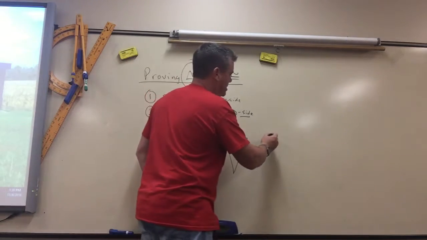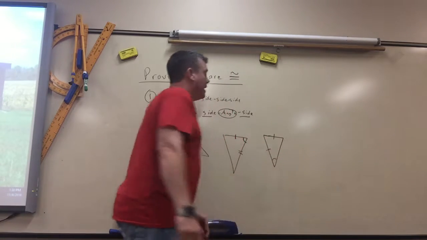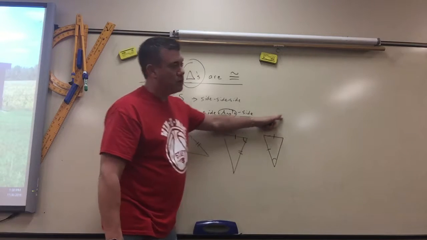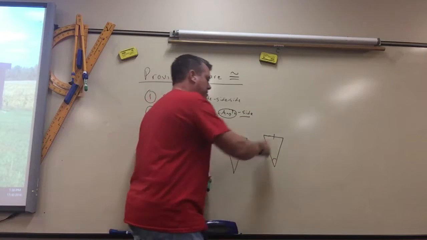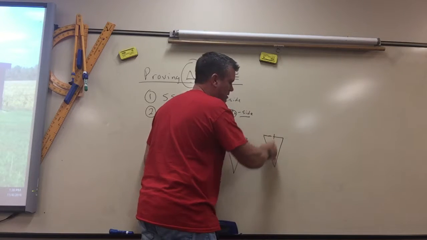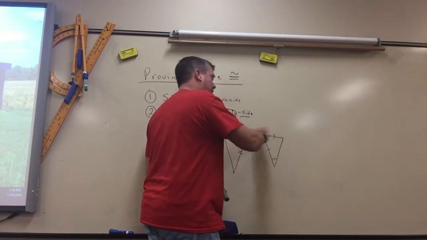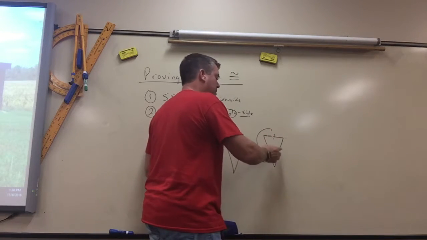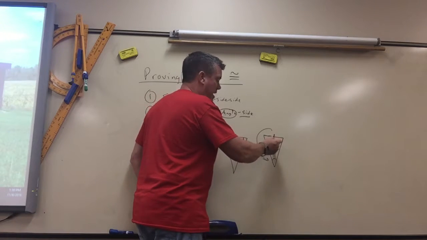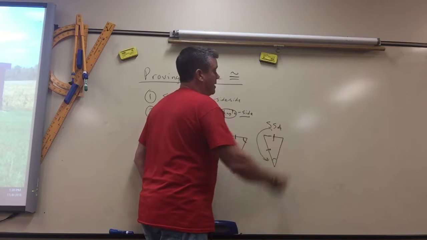Some people see something like this, and they say, well, can't that be side, angle, side if you go around that way? You can't skip from this side and this side to go to an angle. So this would not be side, angle, side. You'd have to go this way, because it would be side, and then a consecutive side, and then an angle.